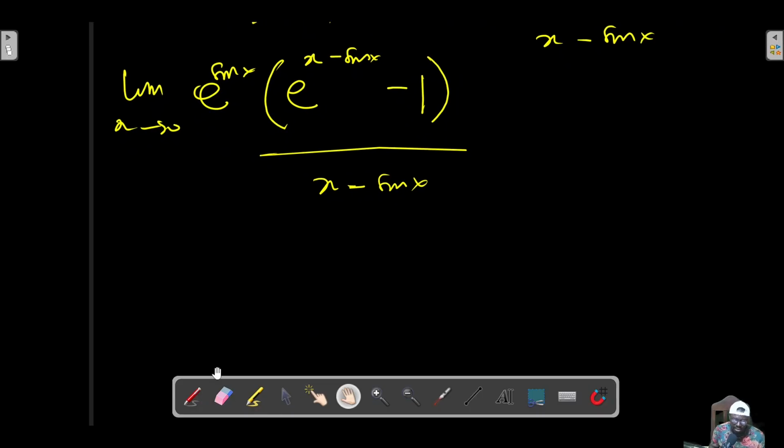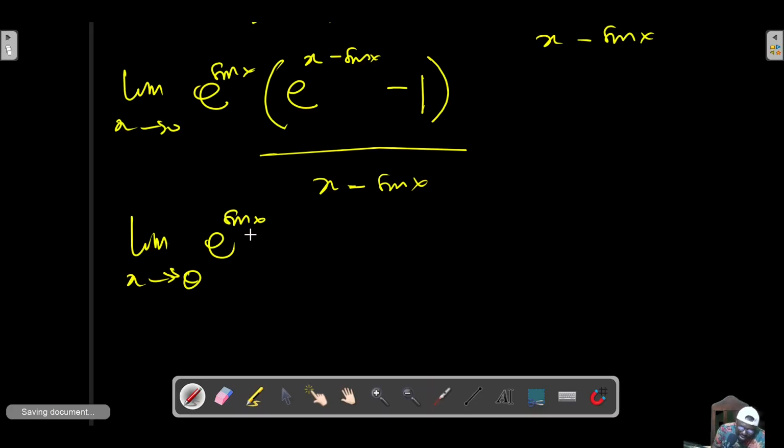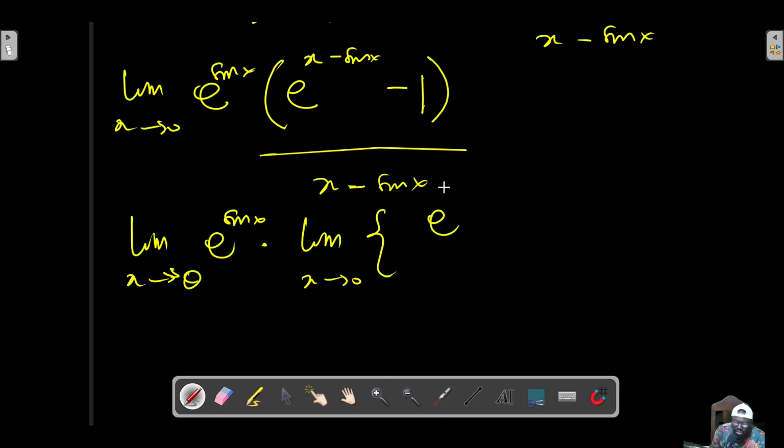Now, I can say the limit as x approaches 0 of e raised to the power sine x, multiplying the limit as x approaches 0 of e raised to the power x minus sine x minus 1, all over x minus sine x.